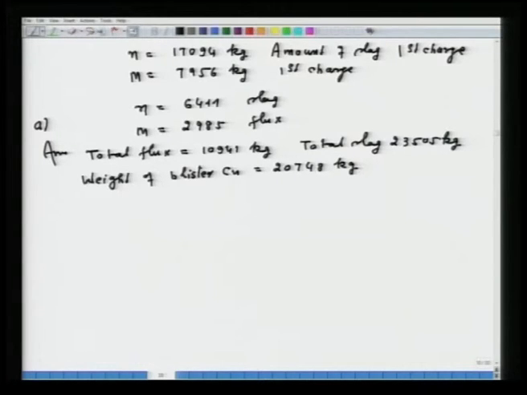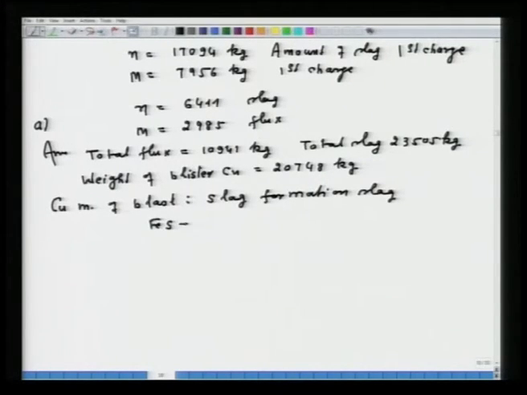So, we require now say cubic meter of blast, say in the slag formation stage, we require for oxidation of FeS plus 1.5O2.